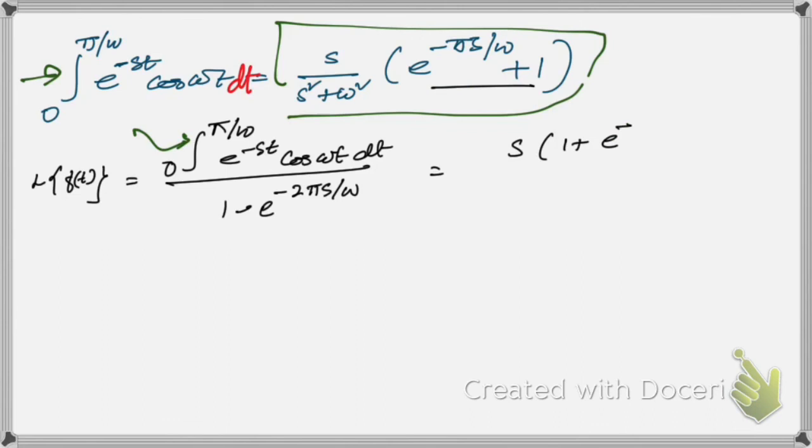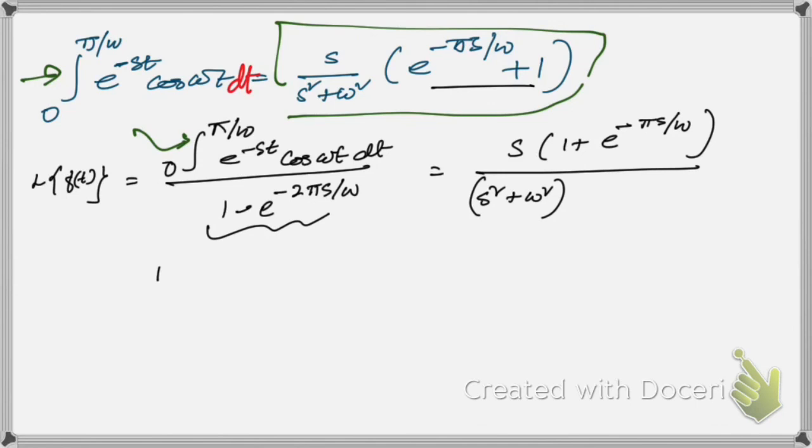S into e to the power minus pi s by omega plus 1 can be rearranged as 1 plus e to the power minus pi s by omega, right? Below it, the denominator is s square plus omega square into 1 minus e to the power minus 2 pi s by omega, which can be written in this form, right?